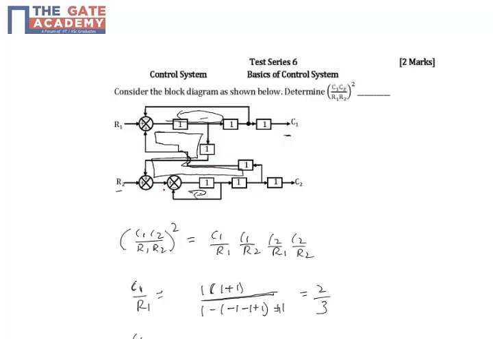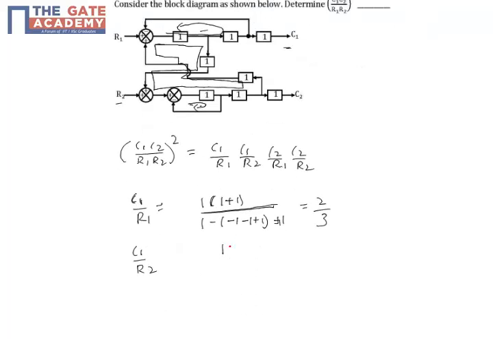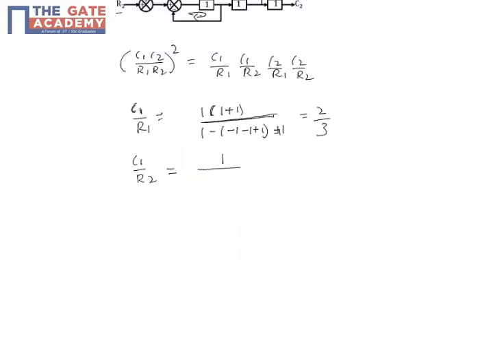It starts here, comes like this, goes like this, and then terminates at C1. So this is the only forward path, with a path gain of 1. So this is equal to 1 by del. Again, the determinant for all the transfer functions is the same, because it is not dependent on the input or output, it is merely the determinant of the system.